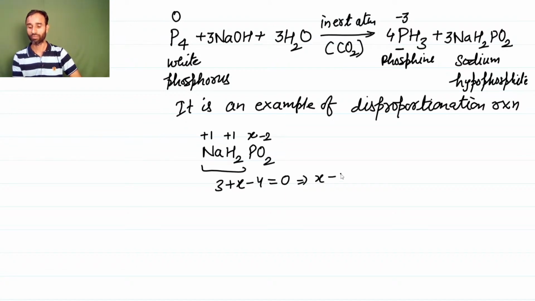That implies X minus 1 equal to 0, X is +1. That means from 0 to -3 and 0 to +1. So P4 is oxidized as well as reduced. That's why this is an example of disproportionation reaction.